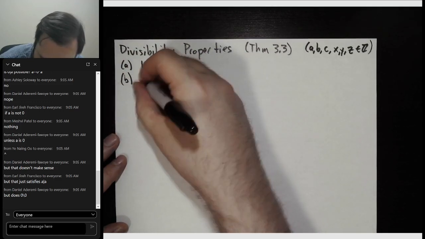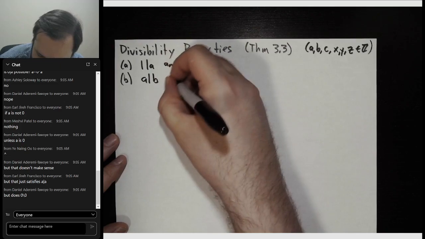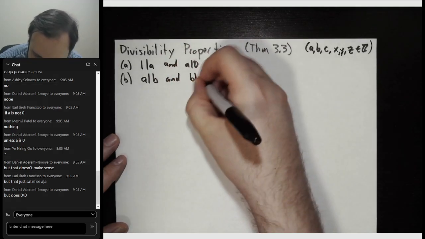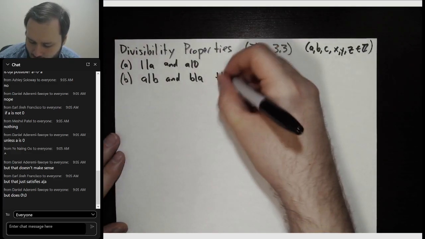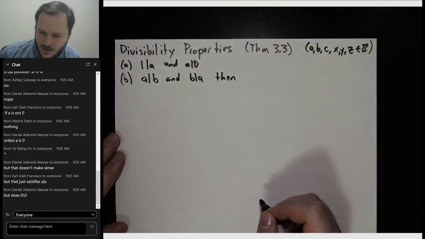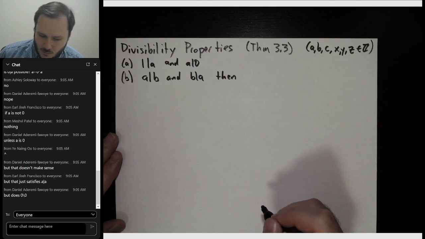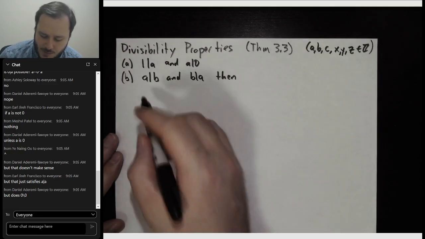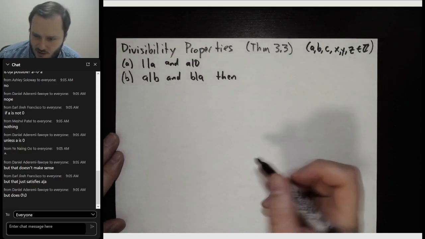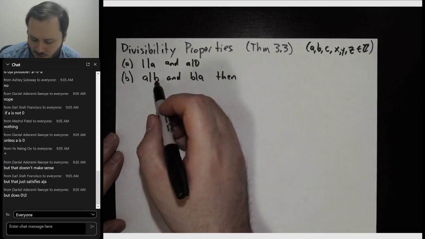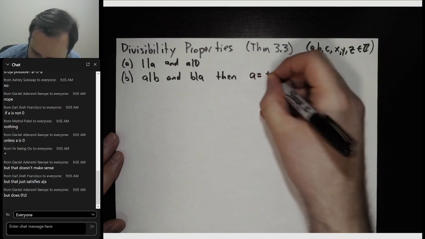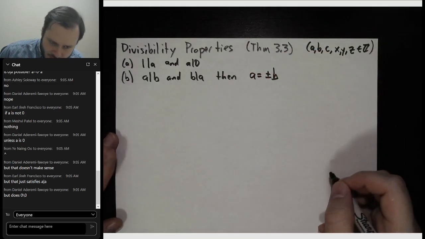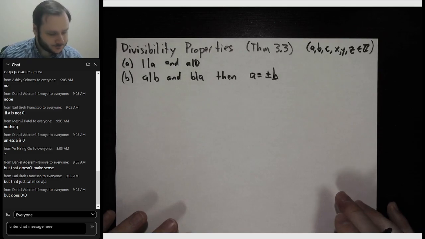If a divides b, and also b divides a, then, well, we proved that you can't be a divisor and be bigger. So a can't be bigger than b, but b can't be bigger than a. Our only option is a is either equal to b or the negative of b.